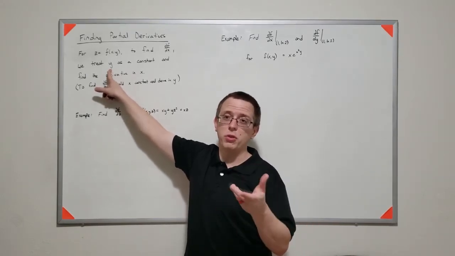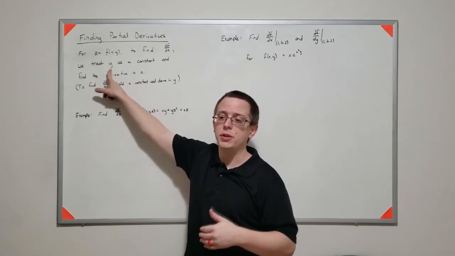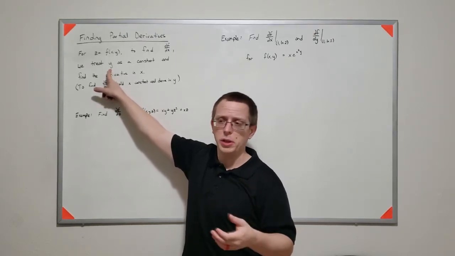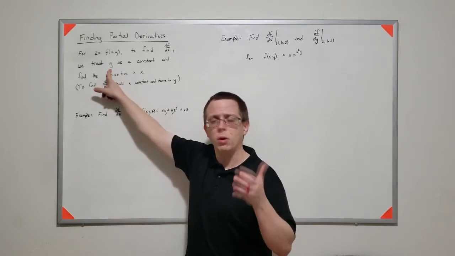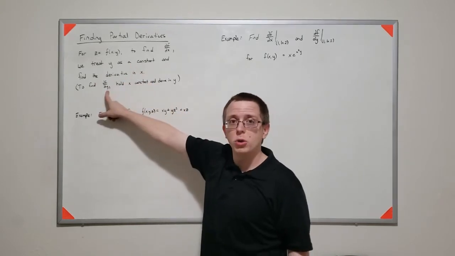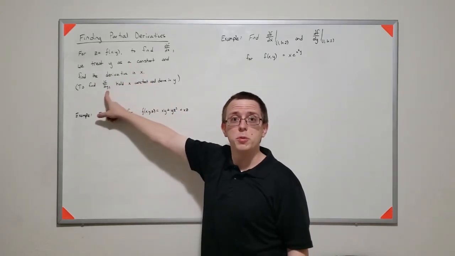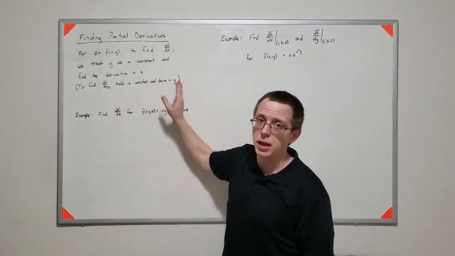Remember, with the 3, it doesn't really factor into the derivative in terms of having to treat it specially. You can factor out constants. We would do the same thing for y: if we were trying to find the partial of f with respect to y, we would treat x as a constant and take the derivative.